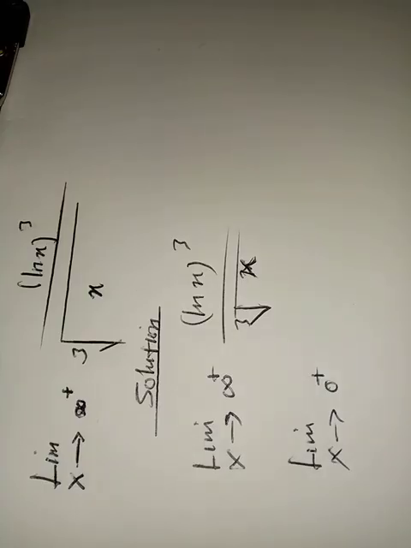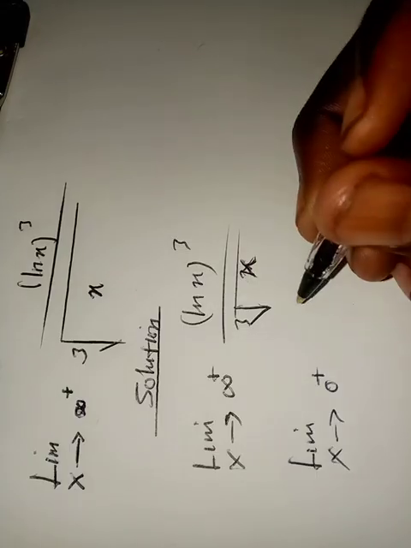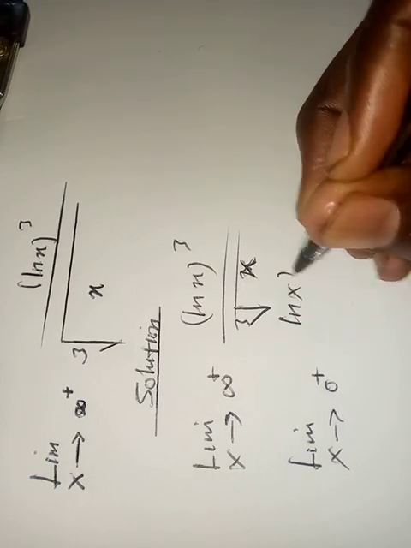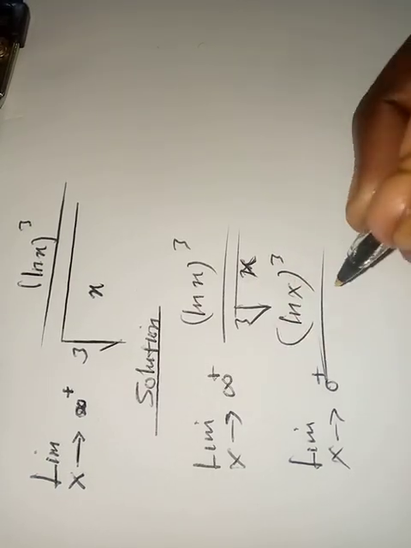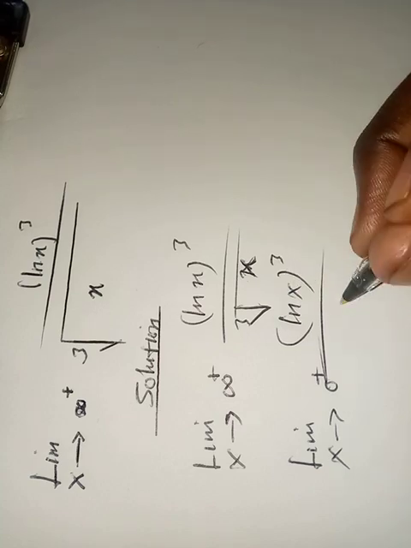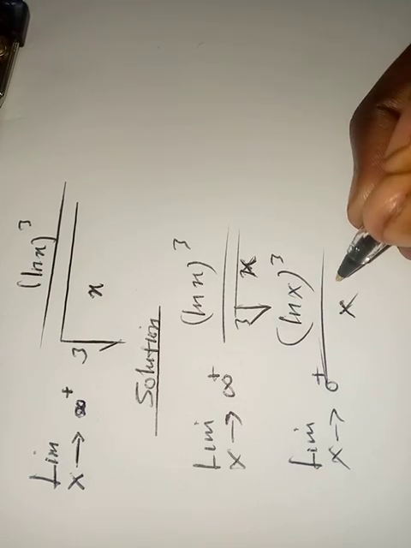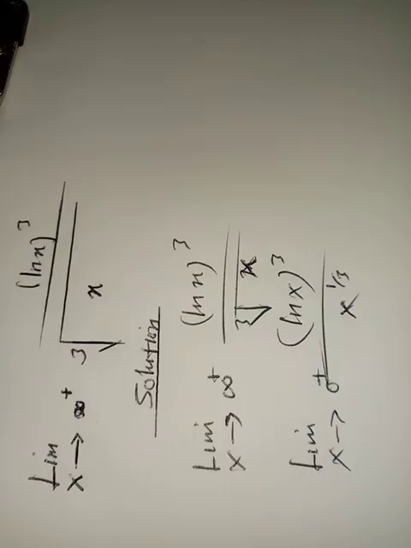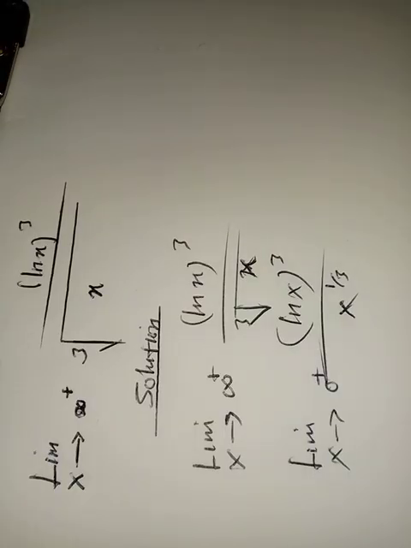Once you do that, the next thing is to interpret the denominator: you move it away from the root so that you can have something that looks like this, and you maintain the upper part. According to the laws of indices, we are going to have x raised to the power 1 over 3.